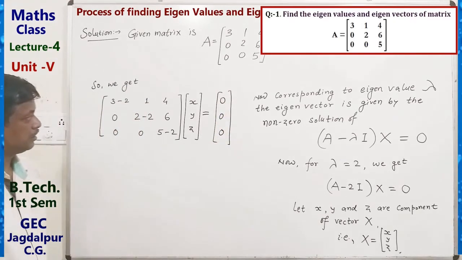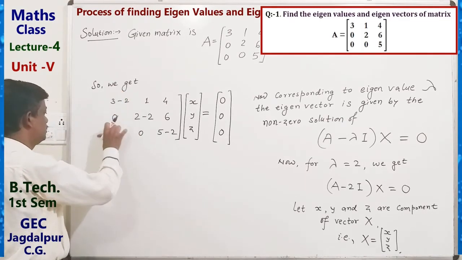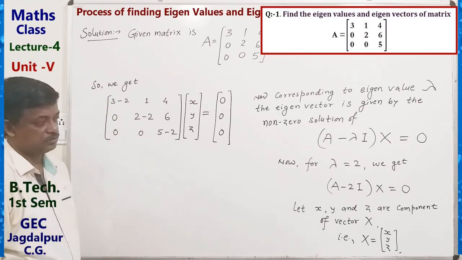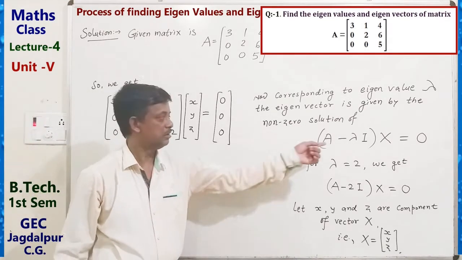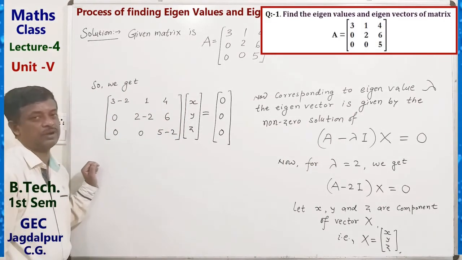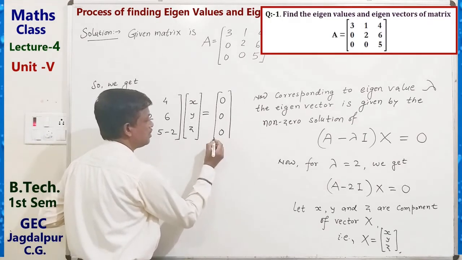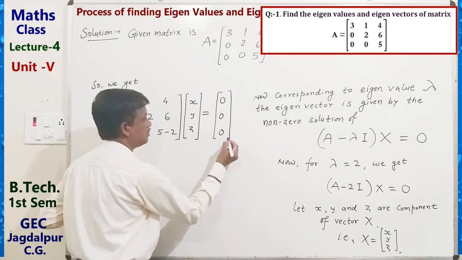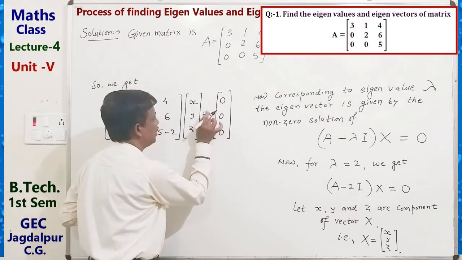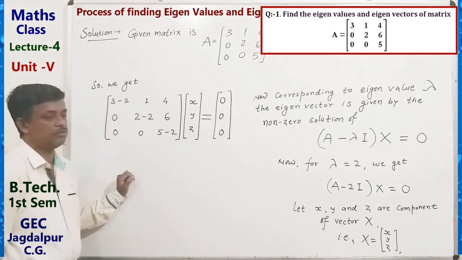Now this is a system of homogeneous equations. We can get a non-zero solution because we found lambda by taking the determinant equal to 0. You can use any procedure, such as the rank method, converting to echelon form and solving.